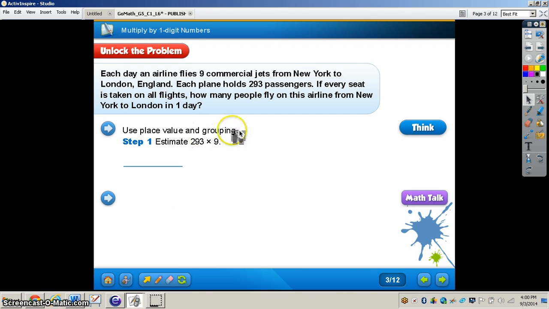Okay, so what we do here, whenever we're estimating, we always want to round the number furthest to the left, or to the greatest number. So that's a 2. Whenever you round, you look to the right of that number. If it's 5 or greater, you add 1 more. If it's 4 or less, the number stays the same. So that's 293, so that's going to turn into 300.